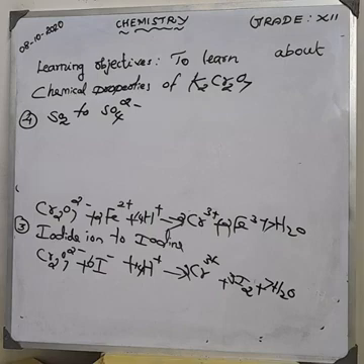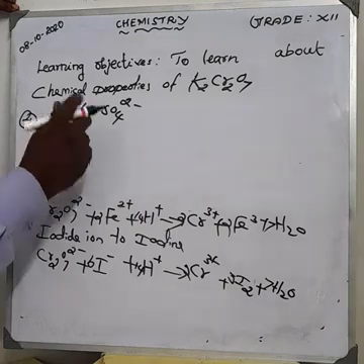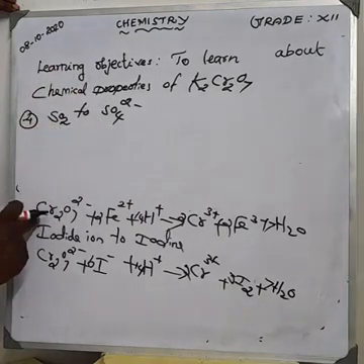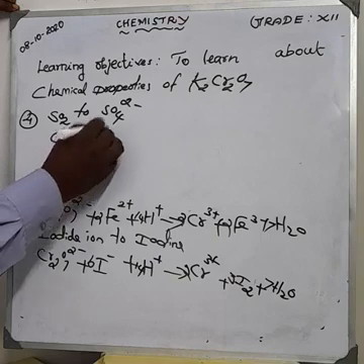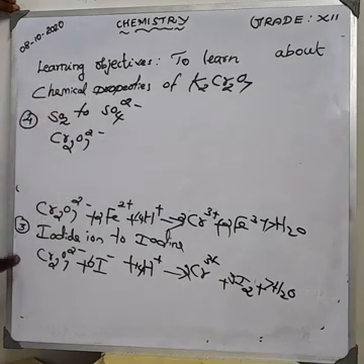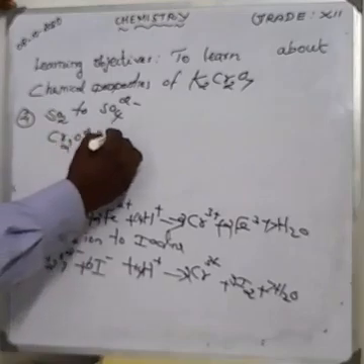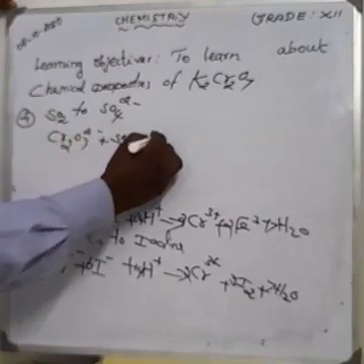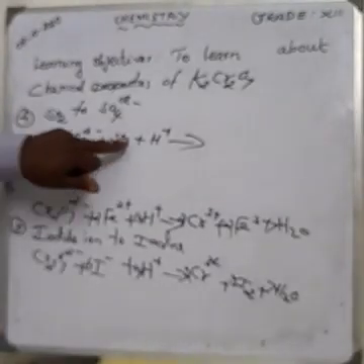Just we are writing. We are taking dichromate ion, Cr2O7 2 minus. We are adding sulfur dioxide and H plus ions.